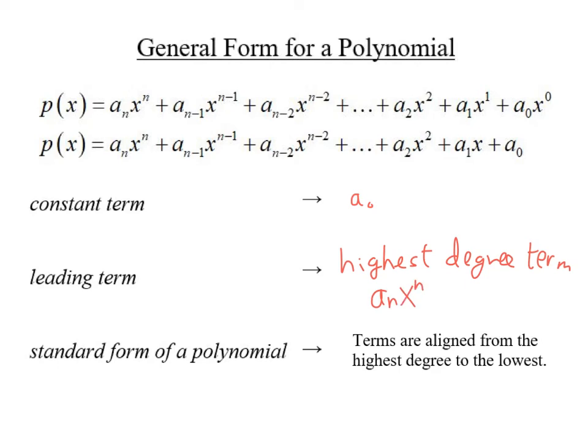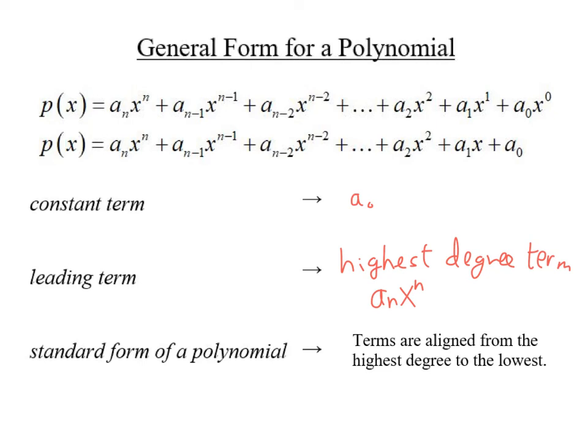And it's a very important term because, as we will see later, it dictates what happens for large values of our polynomial. So this is one reason we're paying a lot of attention to power functions and what their graphs look like. The constant term is also kind of important. If you plug 0 into your polynomial, all these other terms will become 0 and you'll just be left with your constant term. And that means that the constant term is the y-intercept of your polynomial.